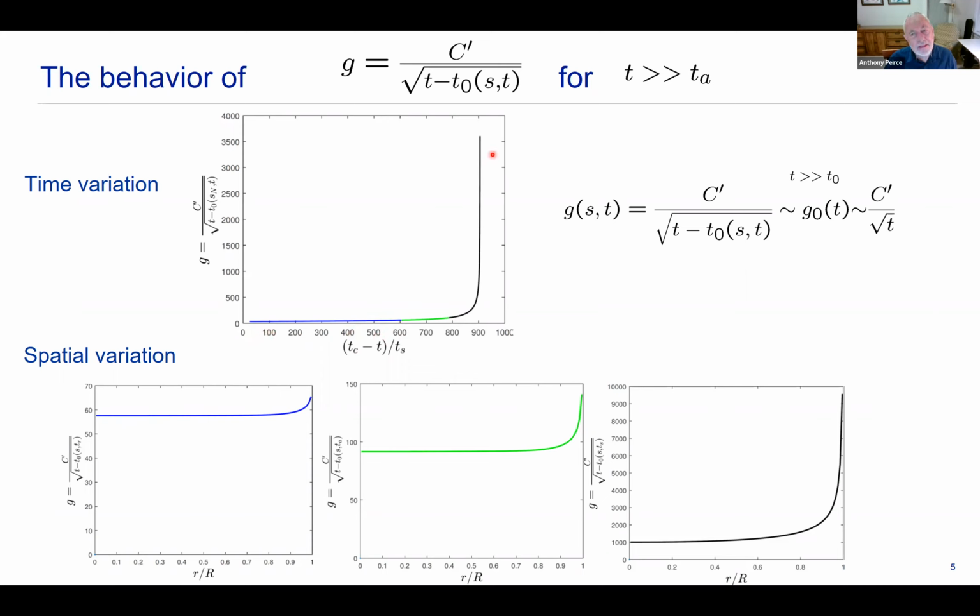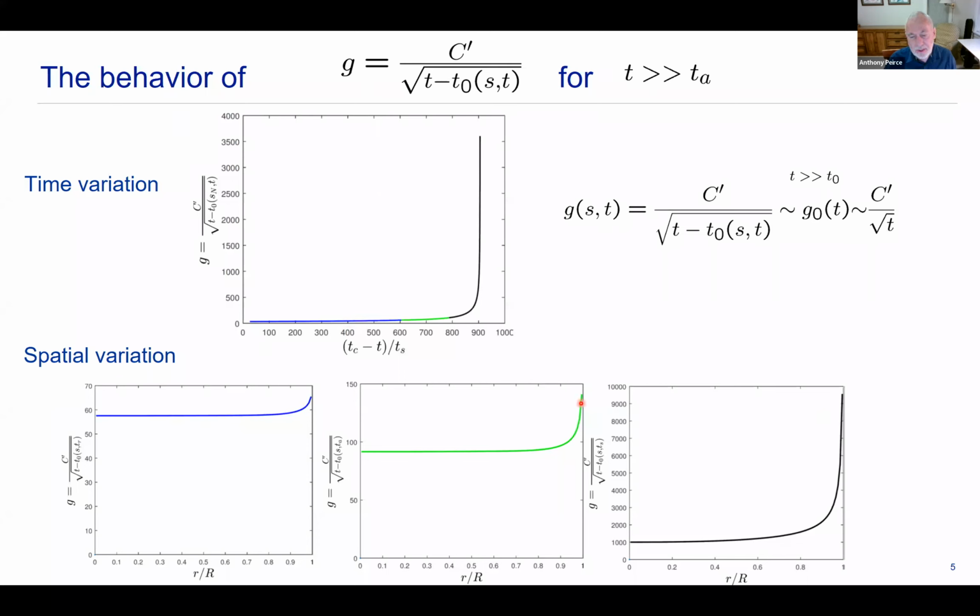You can see the leak-off is very singular in the tip element, and then it gets much less singular and almost becomes a constant as a function of time. And here I've looked at the spatial variation. This is at the point of shut-in: this is the leak-off in the very tip element, plotted backwards from the tip to the wellbore, so you can see it has a huge variation.